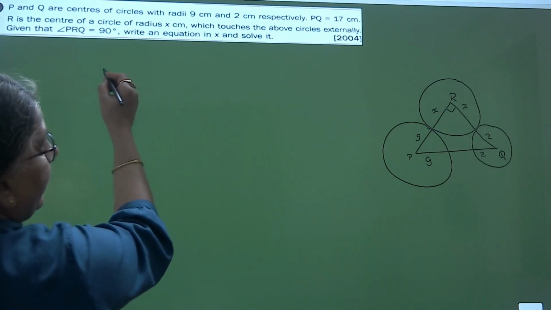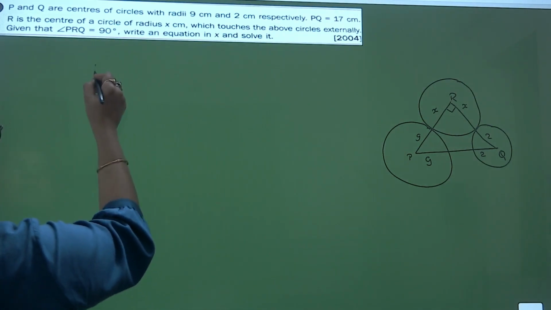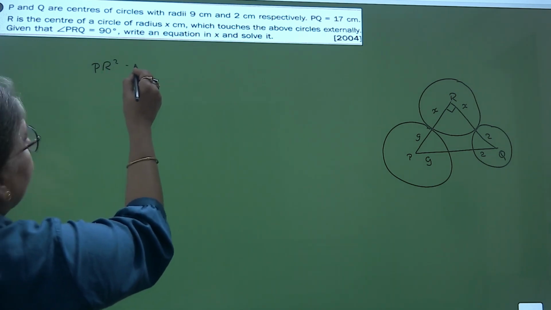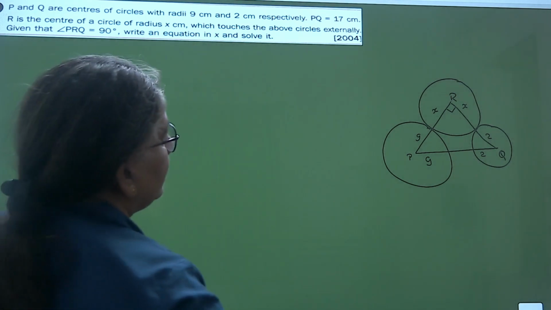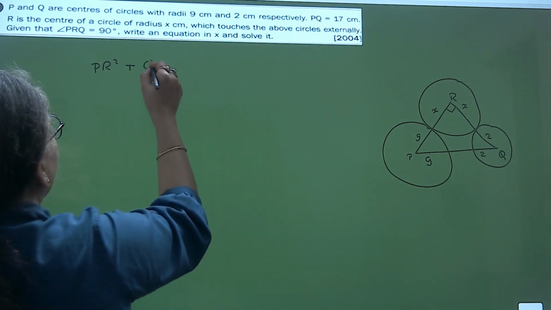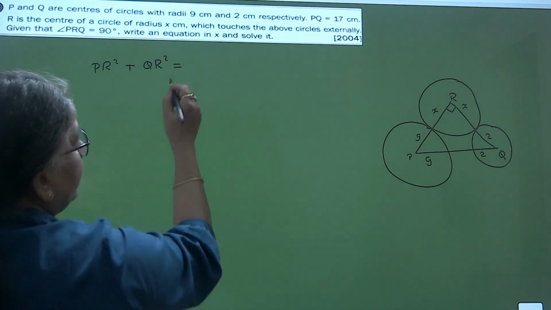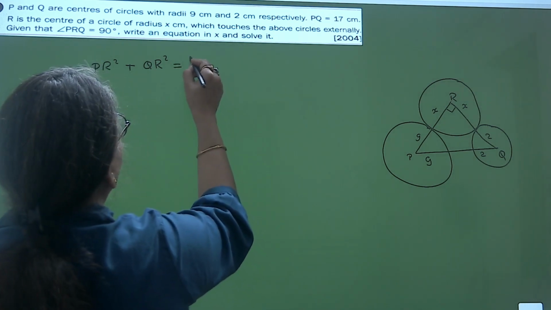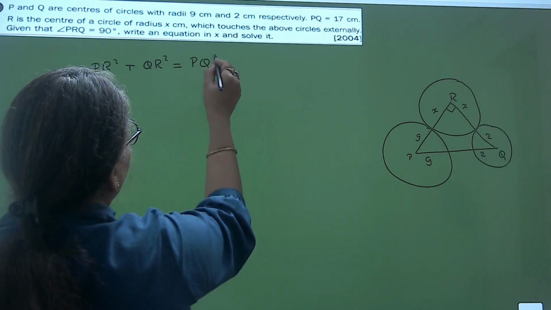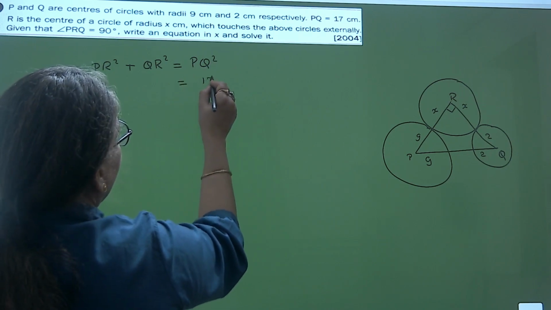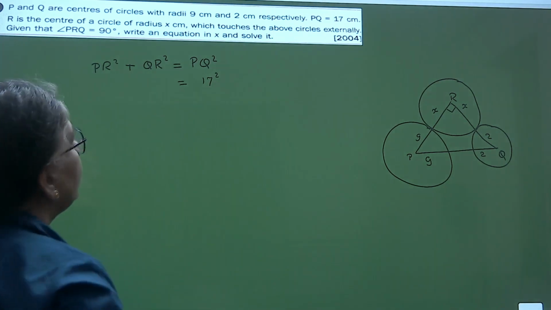So first let's write the equation using Pythagoras theorem, since it is a right angle triangle. PR square plus QR square will give PQ square. So PQ we already know, it is 17, so 17 square.